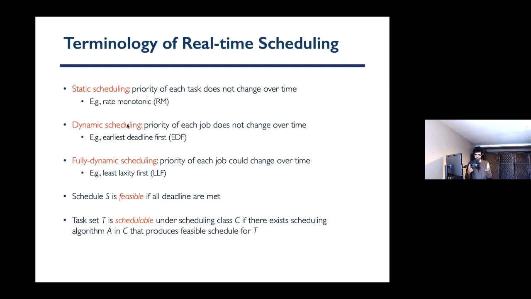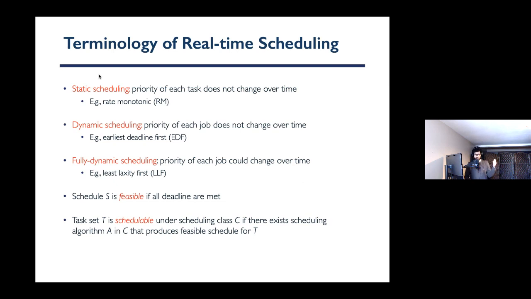Now, in this class of scheduling policies, there are many different algorithms. So we say this task set is schedulable under this class if there exists at least one scheduling policy that can schedule this task set in a feasible way, meaning that it can schedule all the tasks so that they meet their deadlines.